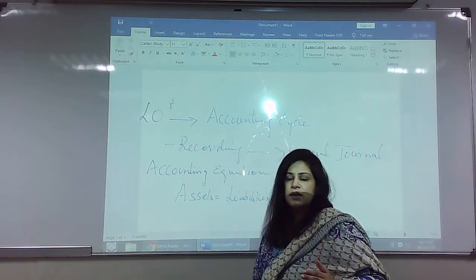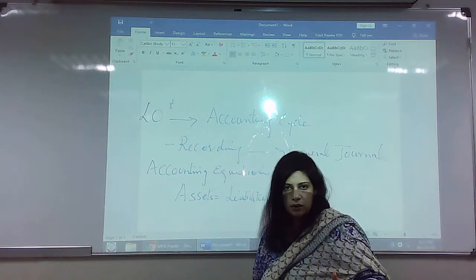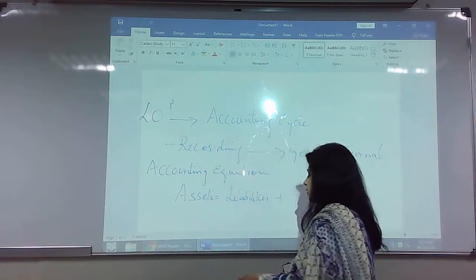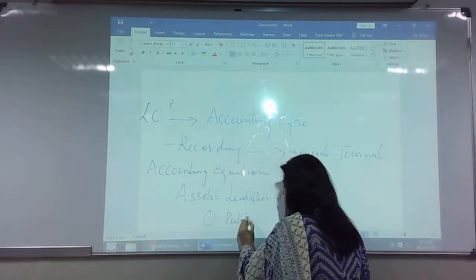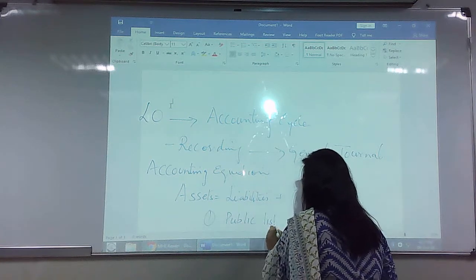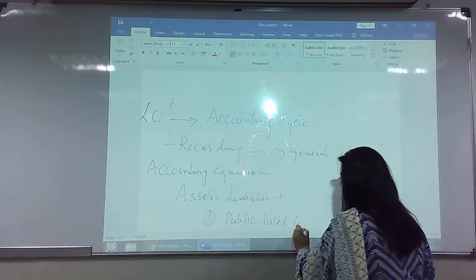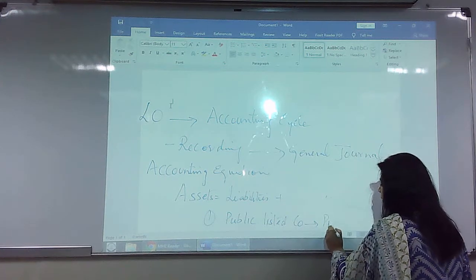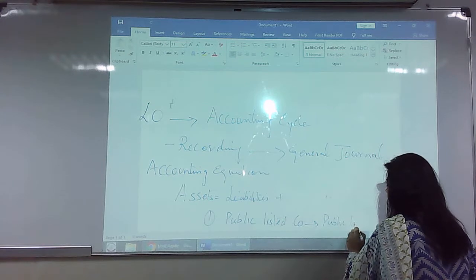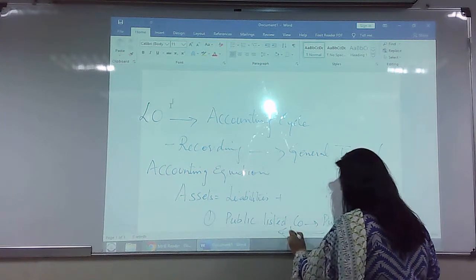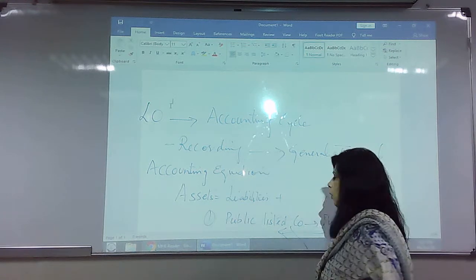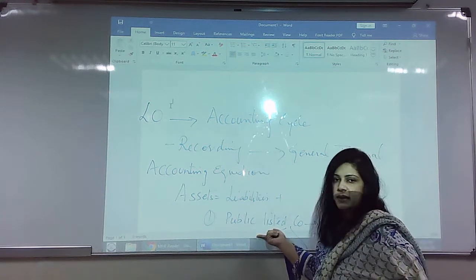It's not a two-way relationship, all right? So one thing is that a public listed company is public limited, but this is not vice versa. All public limited companies cannot be publicly listed.